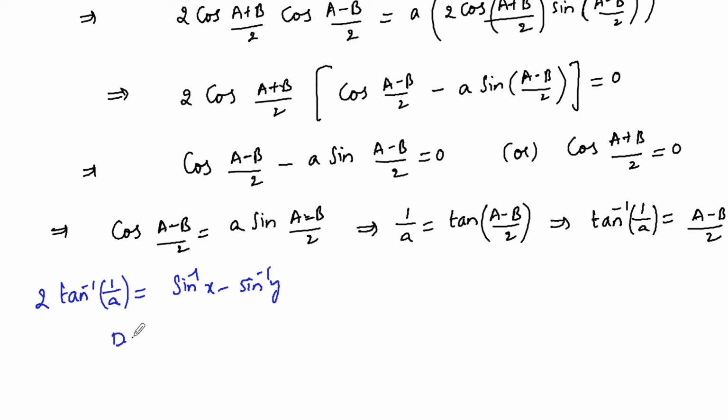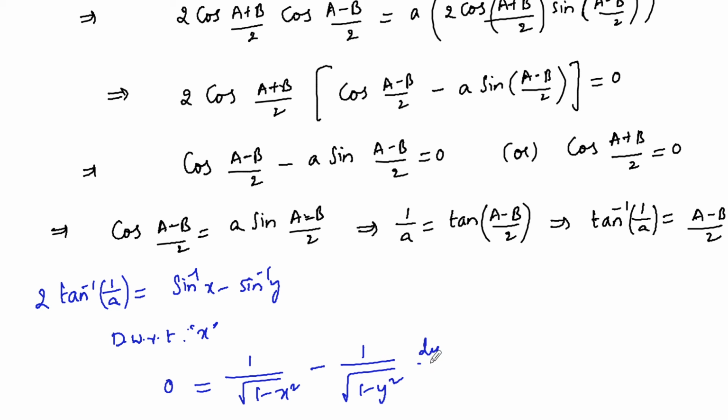Now differentiating with respect to x on both the sides. So 2 tan inverse of 1 upon a is a constant, so differentiation of constant is 0, and d by dx of sin inverse x is 1 upon root over 1 minus x square, minus differentiation of sin inverse y is 1 upon root of 1 minus y square into dy by dx, is equal to 0.